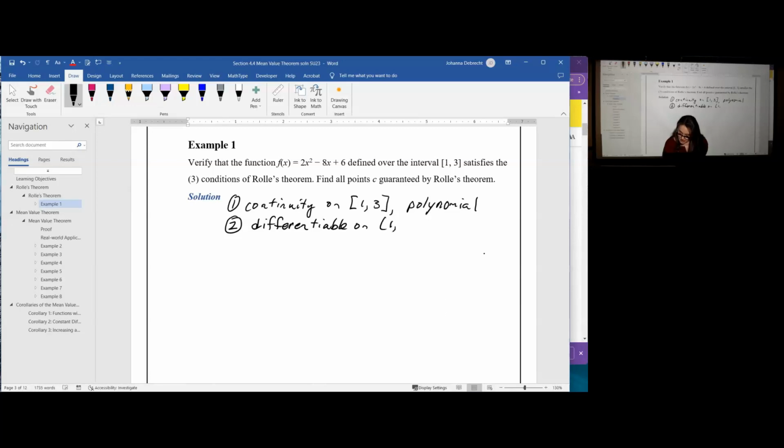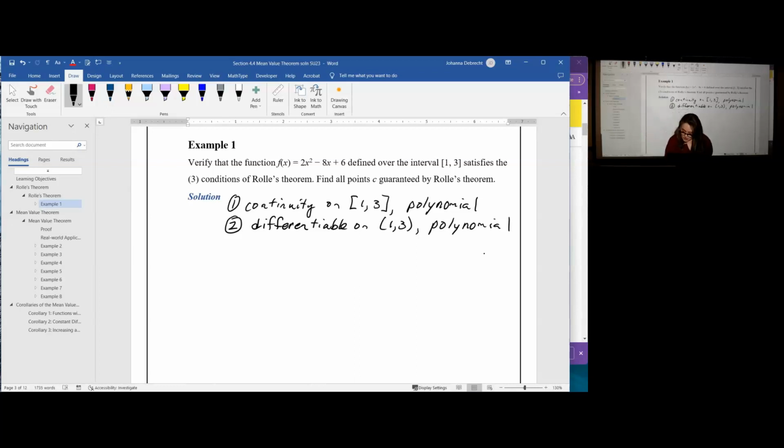And in fact, the same reason applies here. It's a polynomial function. Polynomials are not only continuous everywhere, they're also differentiable everywhere. That's why they're our favorites. You gotta love them. Defined everywhere, continuous everywhere, differentiable everywhere. And as we'll discover at the end of this semester, we can also integrate them everywhere.